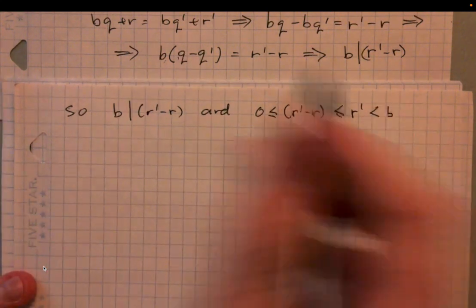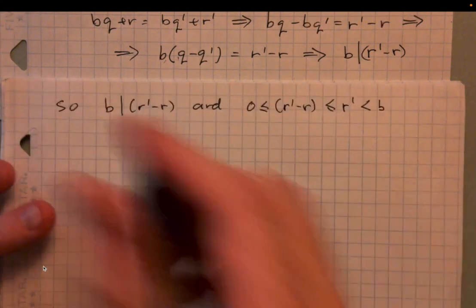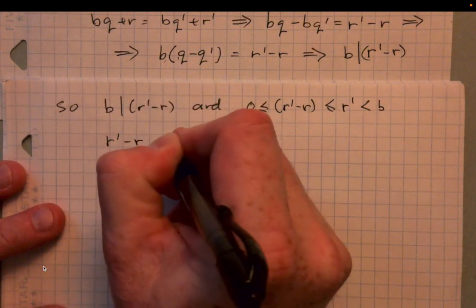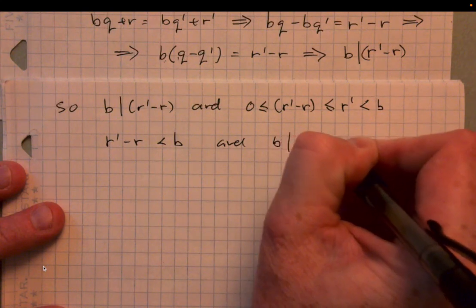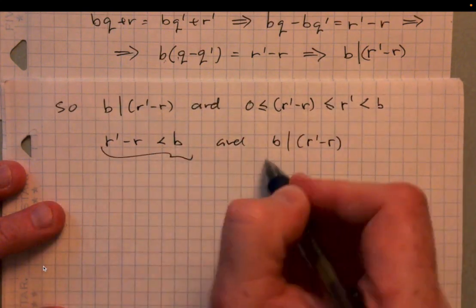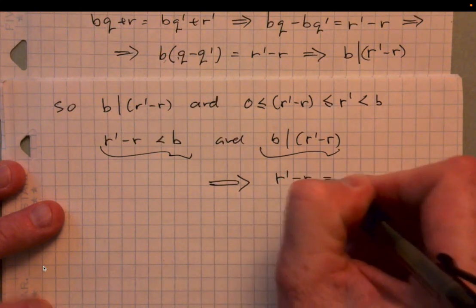And if b divides r prime minus r, then r prime minus r must be 0. So these two facts together imply that r prime minus r equals 0.